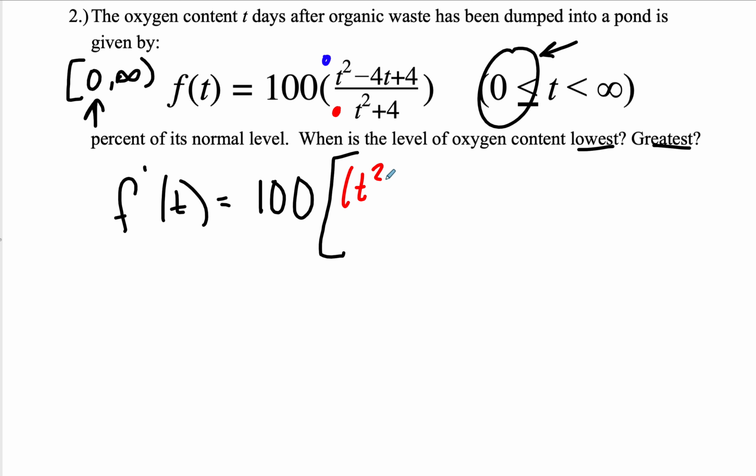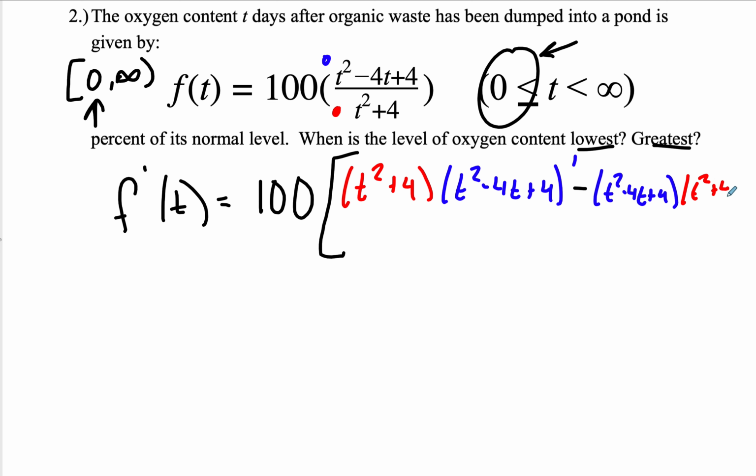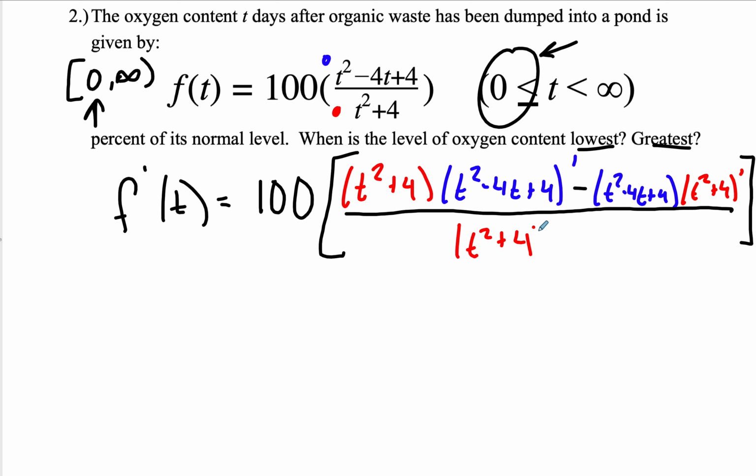So I have low, d high, minus high, d low, over the bottom squared, and away we go. So let's break this down.